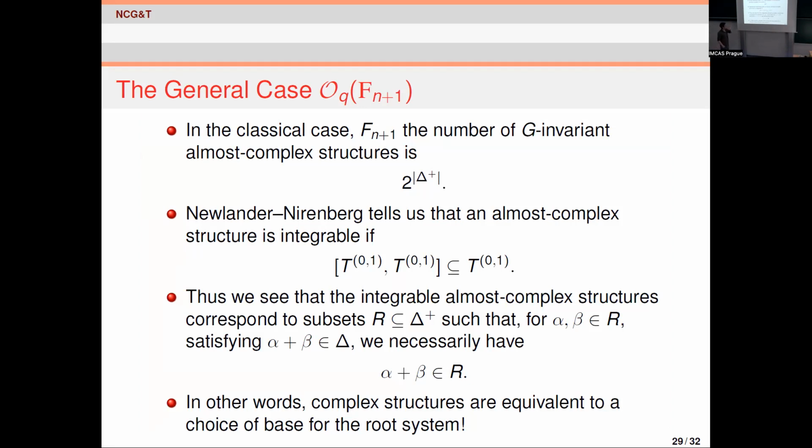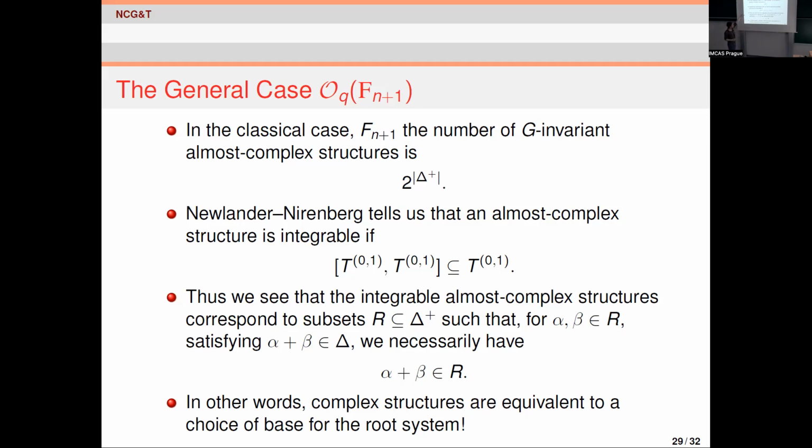The Newlander-Nirenberg theorem tells us when an almost complex structure is integrable. So this is an equivalent formulation. Before I said it was that the exterior derivative is equal to the sum of del and del bar. That's equivalent to this condition here, the integrability of your subbundle, as classical geometers would say, that it is closed under commutators.